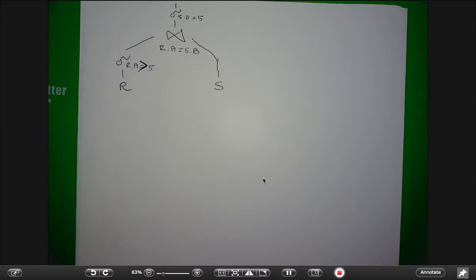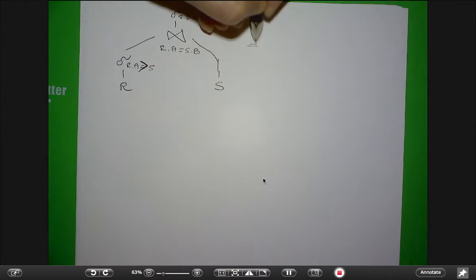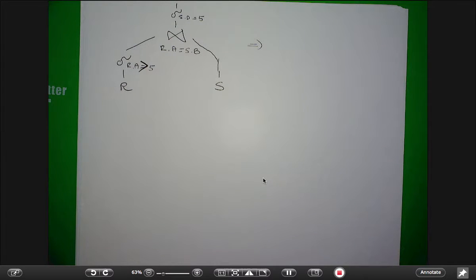All right. So this is the expression that I have. Remember, I can push selections up or down. First, I'm going to push selections up. This is generally what happens. You first push all your selections all the way up.